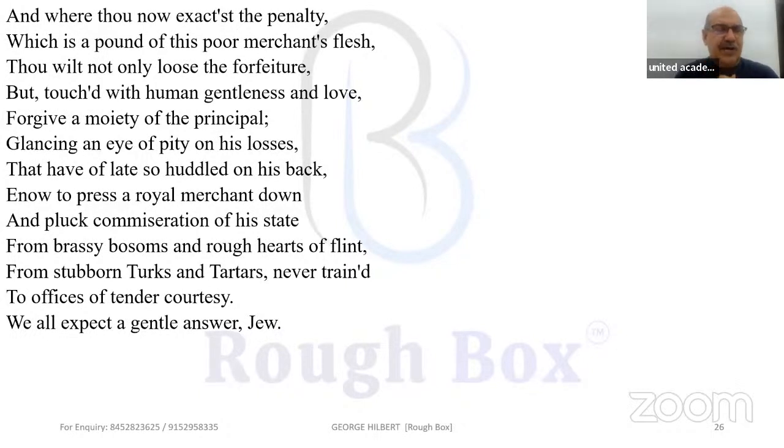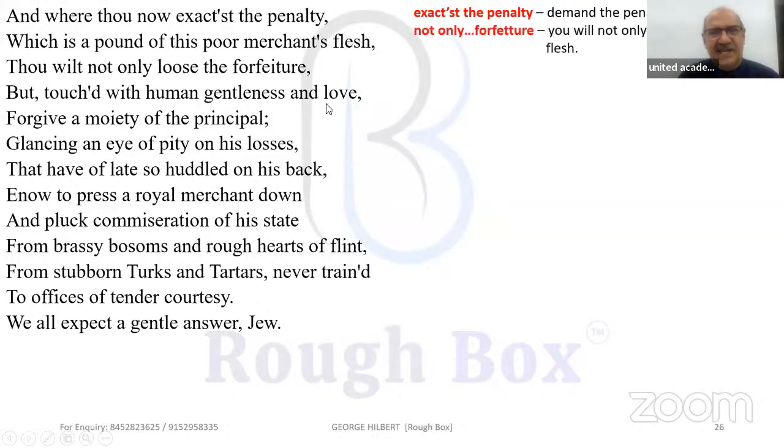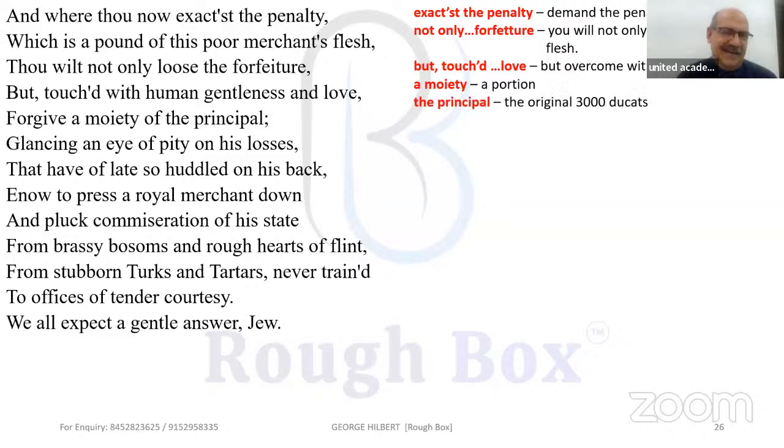And the Duke continues talking and says to him, and where thou now exactest the penalty, and where you now demand the penalty, which is a pound of this guy's flesh, thou will show that thou will not only lose the forfeiture, but touched with human gentleness and love, forgive a moiety of the principal as well.